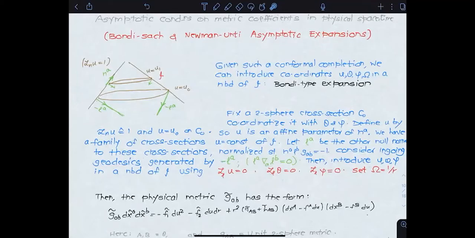But the statement is that supposing we're given a conformal completion, as I have done up here, from there we can introduce coordinates. And this was again the answer to the previous question. How do you introduce these coordinates?